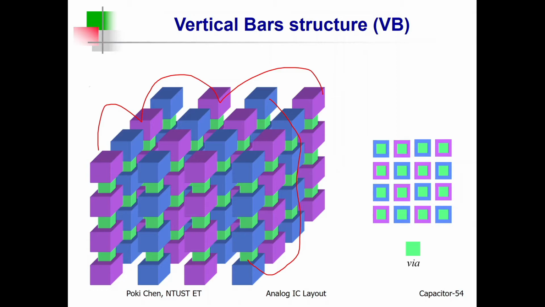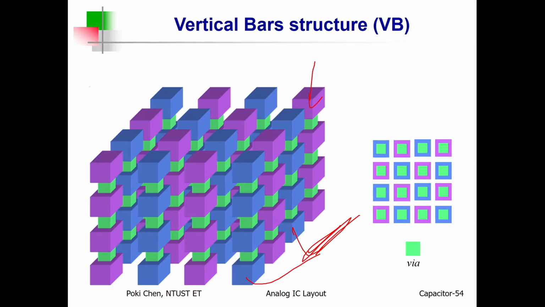Usually, you need the bottom plate end. You need to sacrifice the bottom plate to connect, for example, the blue bars, and then the top plate to connect all those purple bars. That's it.